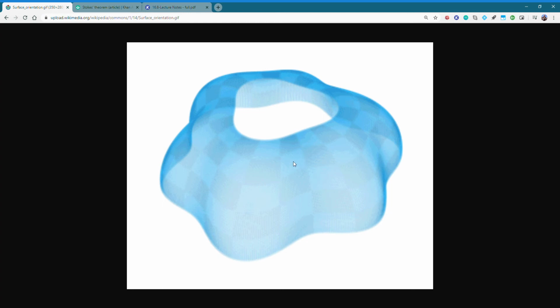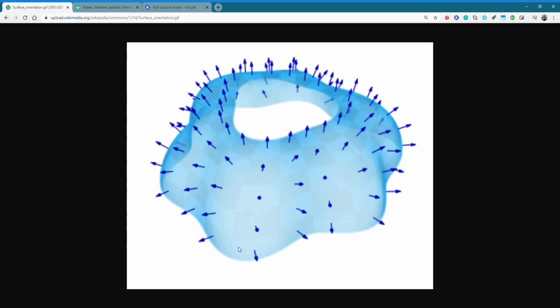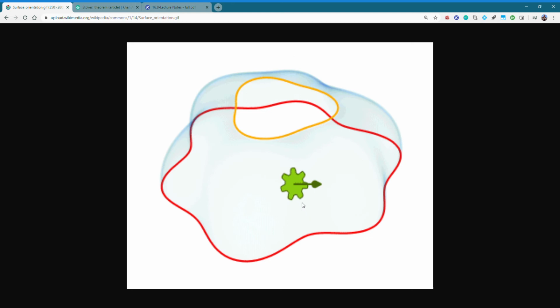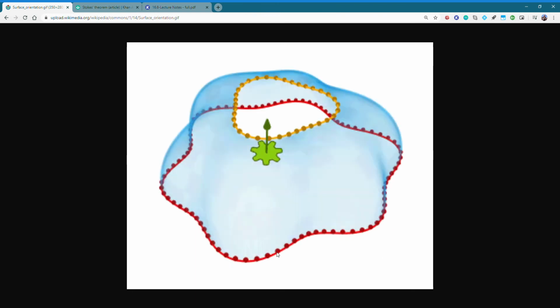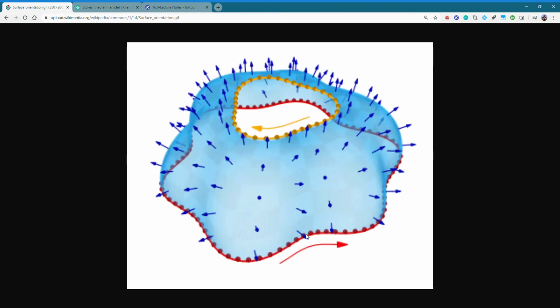So here we have a surface. It actually has 2 boundary curves. We're not going to worry about that. So here we have a normal direction chosen. Got the 2 boundary curves. So the normal direction, we can imagine with the right-hand rule, here it has a gear spinning according to the right-hand rule, and if you drag that gear to one of the boundary curves, that will show you the correct direction to be parametrizing that curve with.